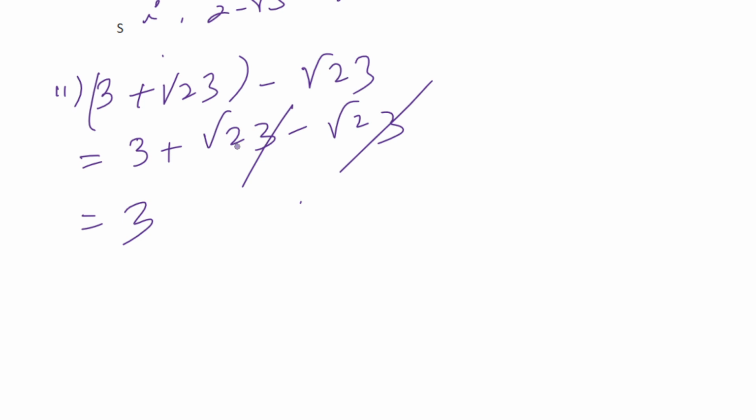That's it. So now I'm having 3. So 3 is a what? 3 is a rational number. Therefore, it is a rational number. Let's do number 3.